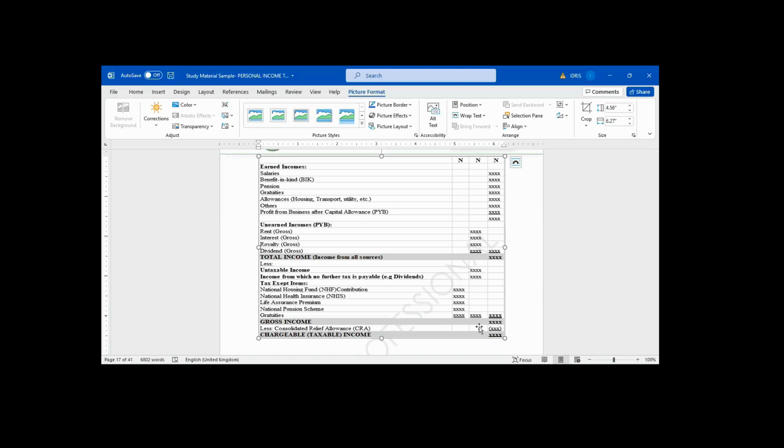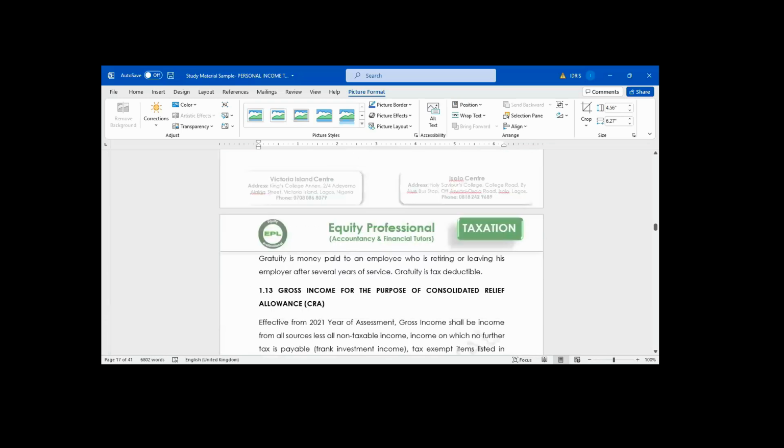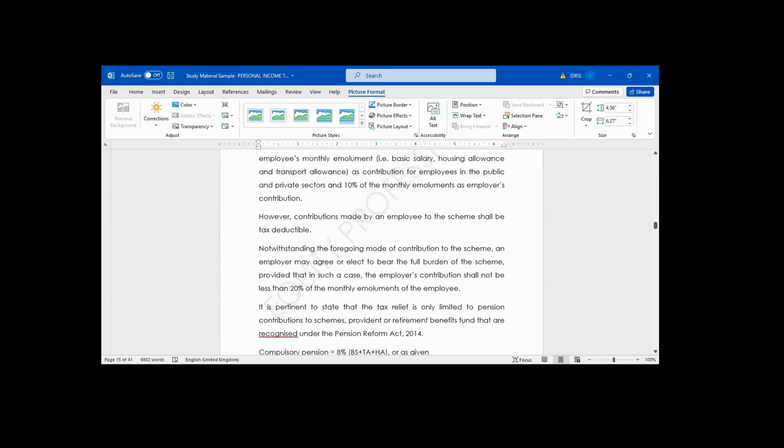That is the next thing that you need to minus. This consolidated relief allowance, how do we calculate it? Let's go and look at how we calculate consolidated relief allowance.